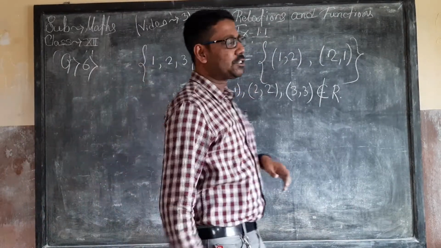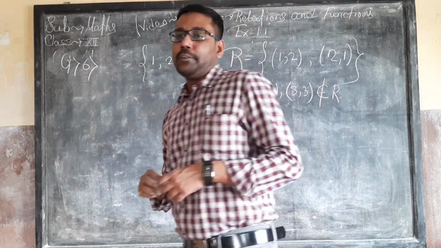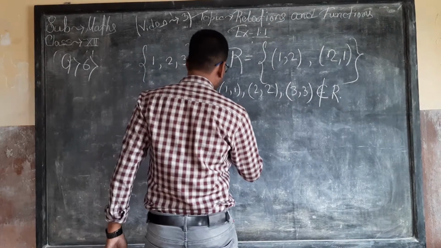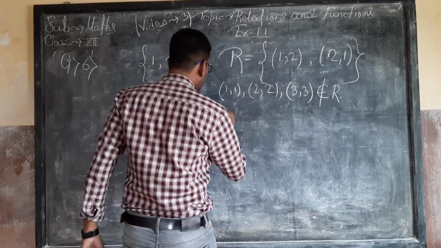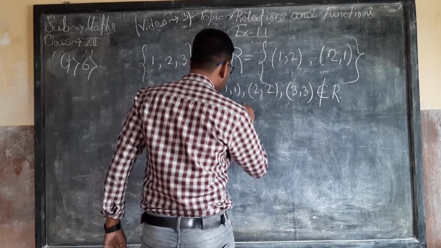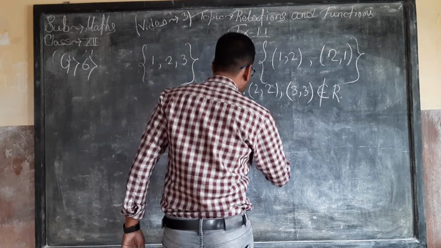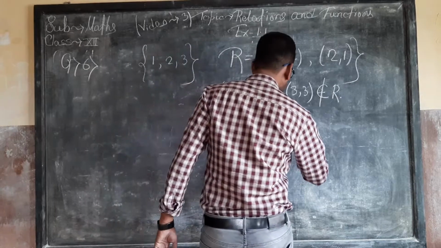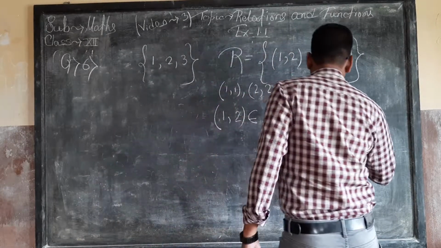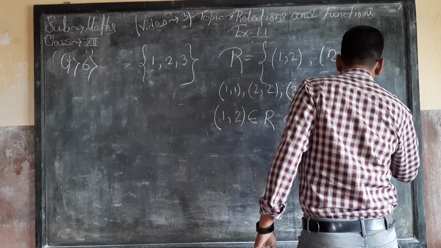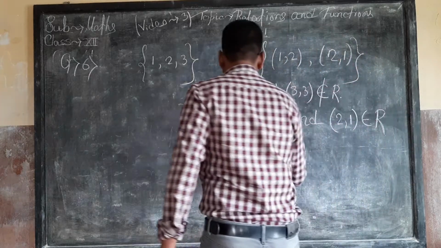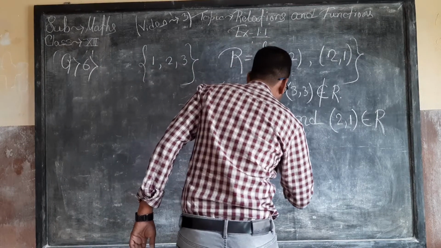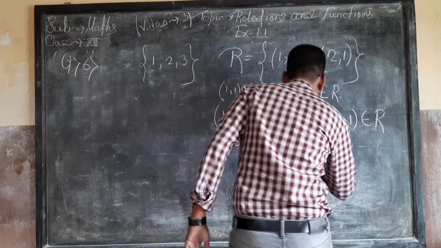So this relation does not satisfy the reflexive relation criteria. Next one, symmetric. As per the given conditions, (1, 2) belongs to R and (2, 1) also belongs to R. That means the R is symmetric.